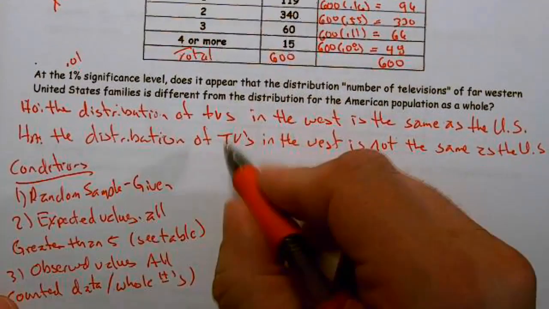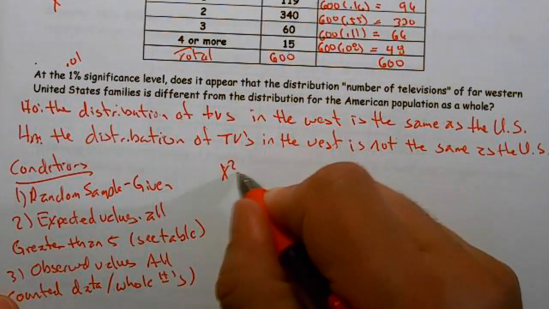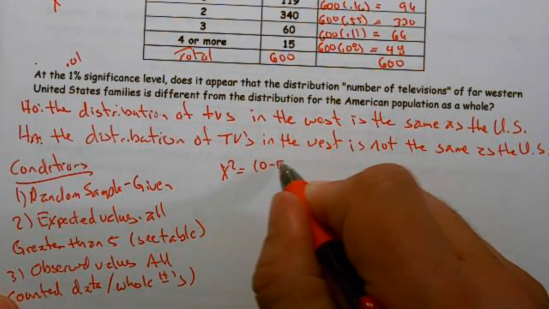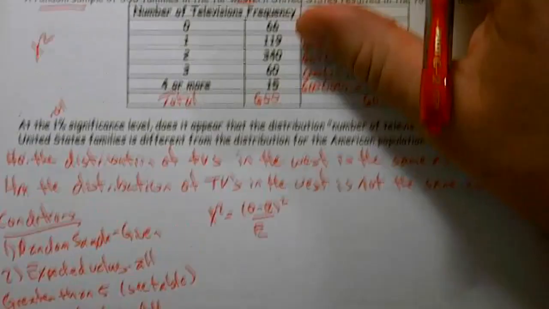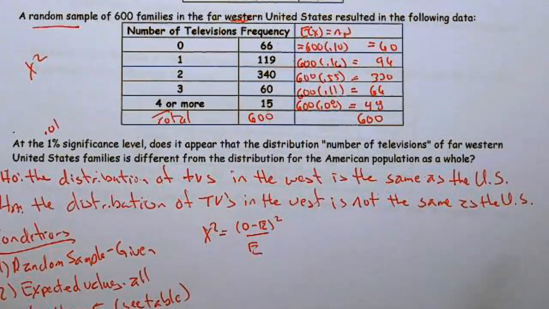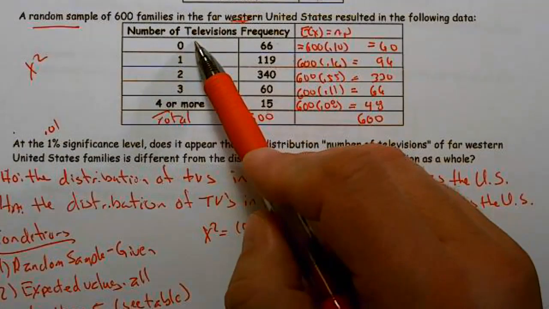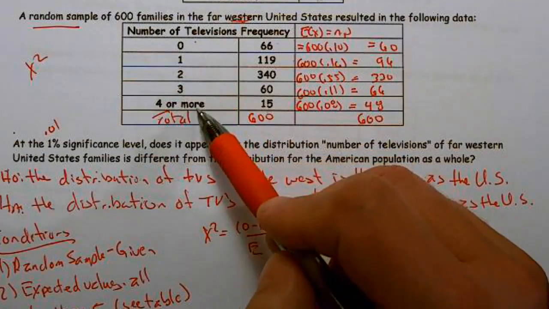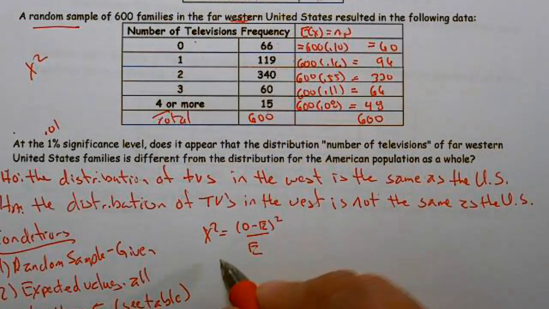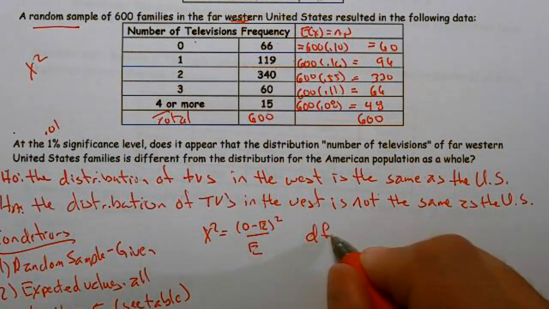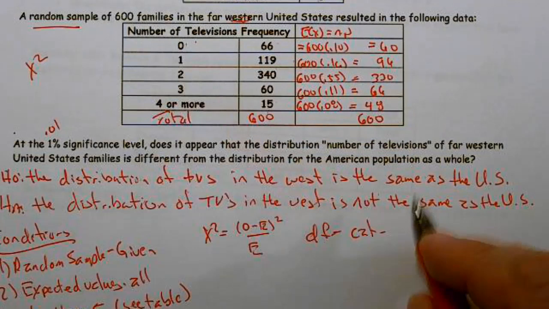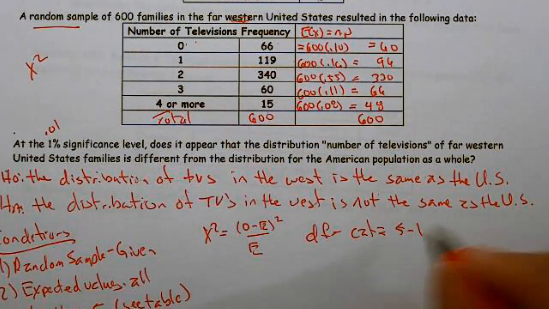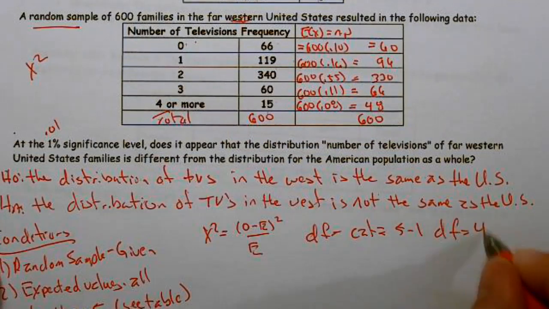We've already said this is a chi-squared, so chi-squared equals observed minus expected, squared, over expected. And my degrees of freedom: how many categories are there? We have the categories of people with 0 TVs, 1, 2, 3, and 4 or more. So degrees of freedom is categories minus 1. So in this case, 5 minus 1. Degrees of freedom is 4.